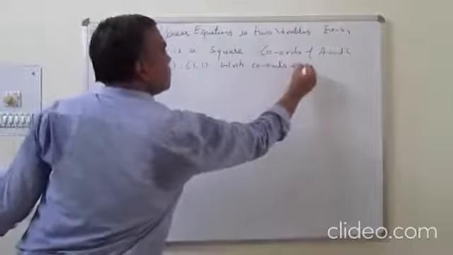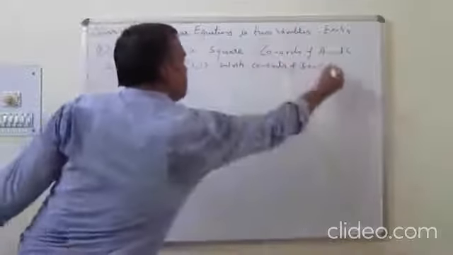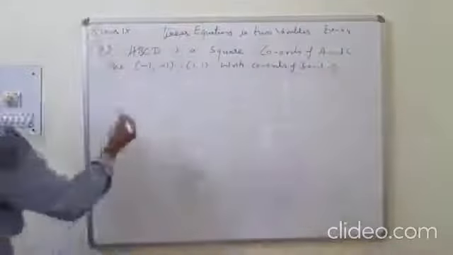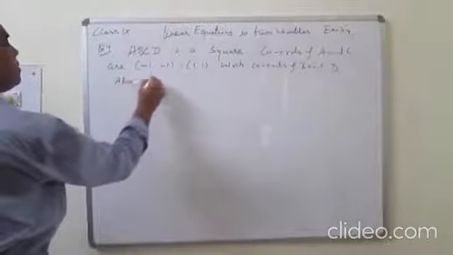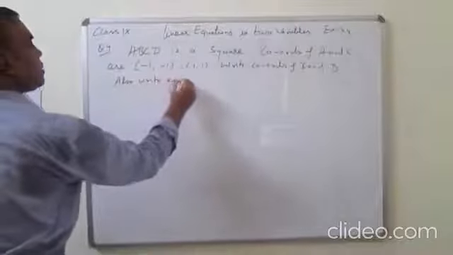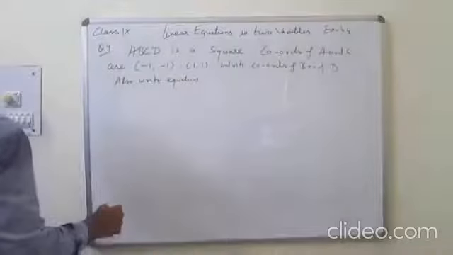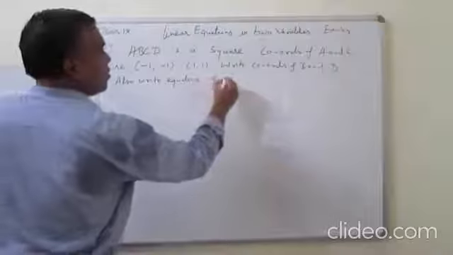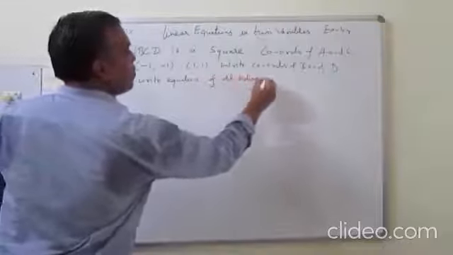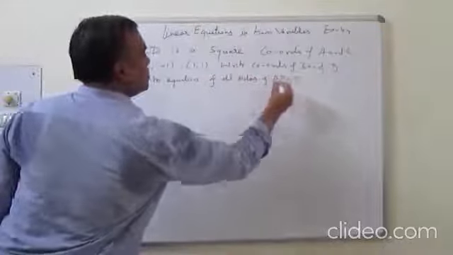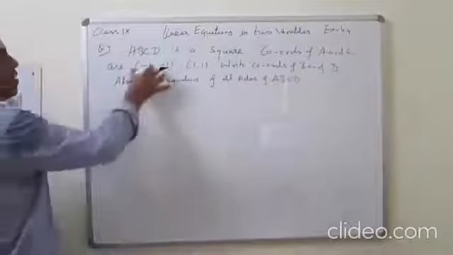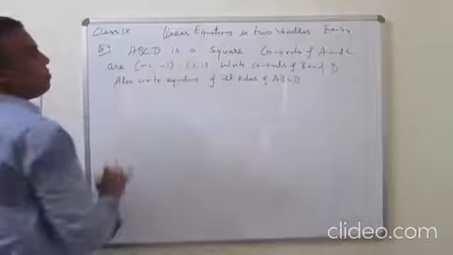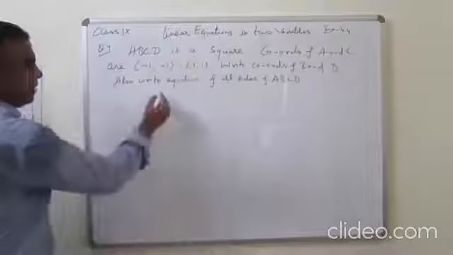Write coordinates of B and D. Also write equations of all sides of square ABCD. Now, first we plot the point -1, -1 and 1, 1 in the Cartesian plane.